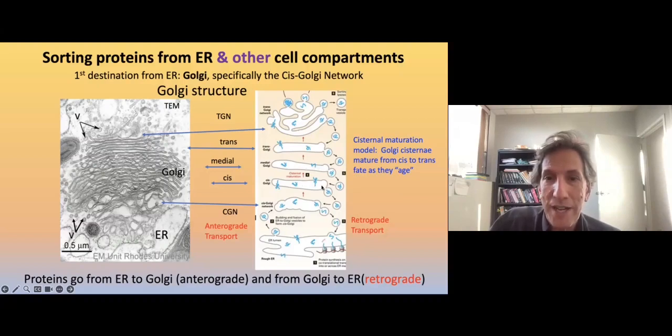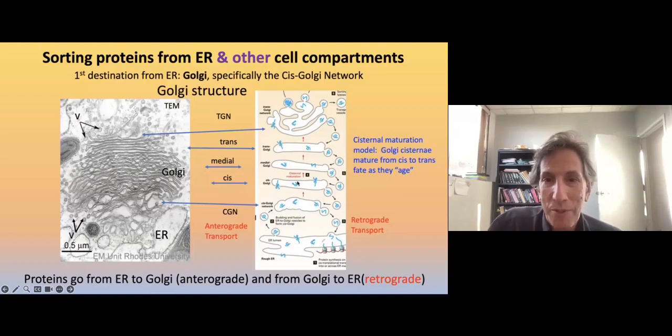Medial Golgi is sending enzymes to the cis-Golgi. The trans-Golgi network is sending enzymes to the trans-Golgi. So you're always changing the character of the cisterna, and the proteins that are carried in it from the ER are carried along. It starts when it's a cis-Golgi network and continues until that same cisterna is now a trans-Golgi network.